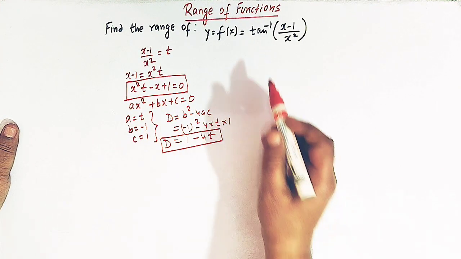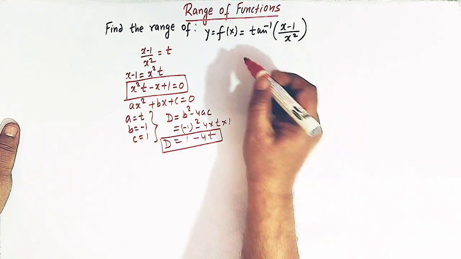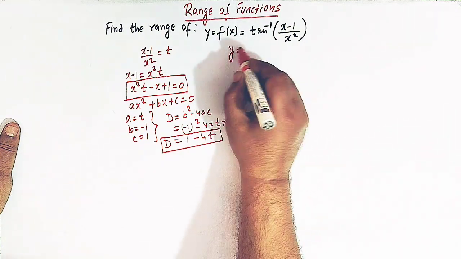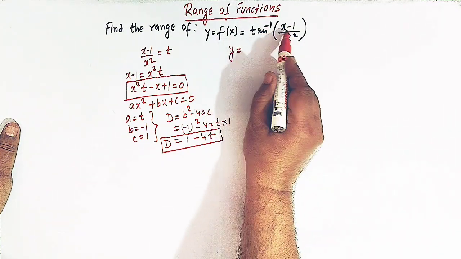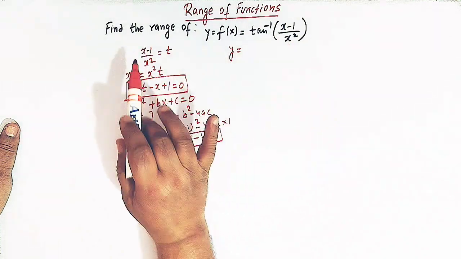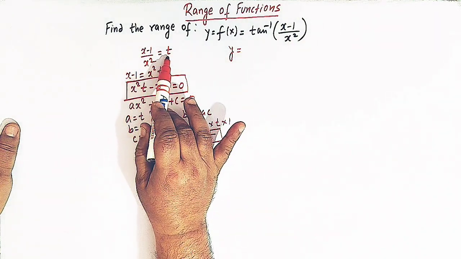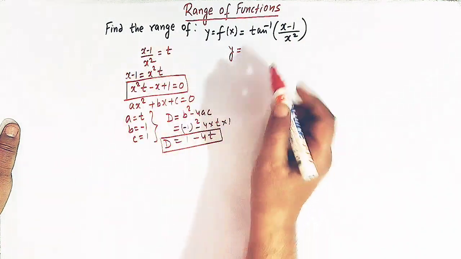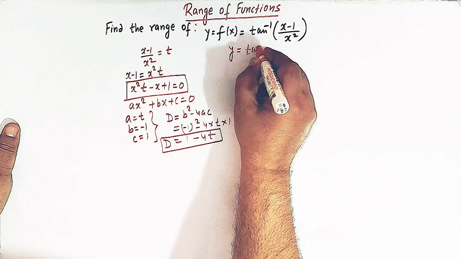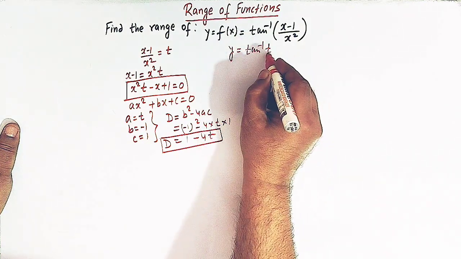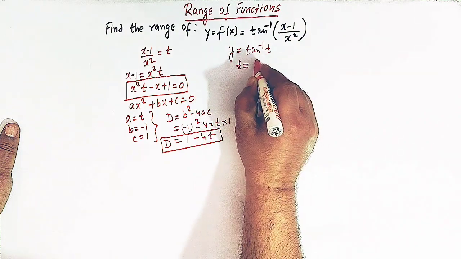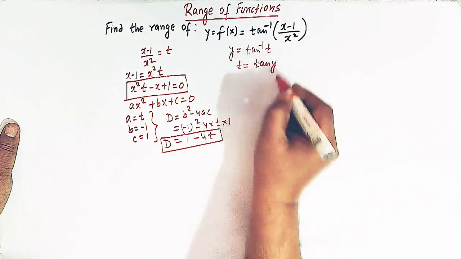Now let us come to our original function. Here we have y is equal to tan inverse of (x minus 1) over x square. Since (x minus 1) over x square is assumed to be t, we have tan inverse t. So from here we can write t is equal to tan of y.